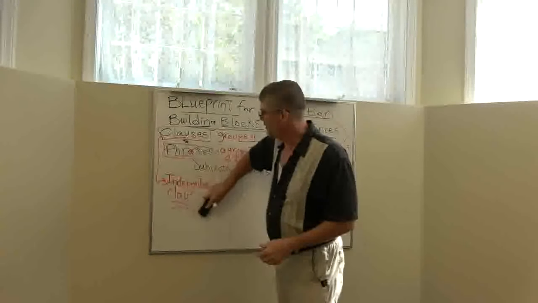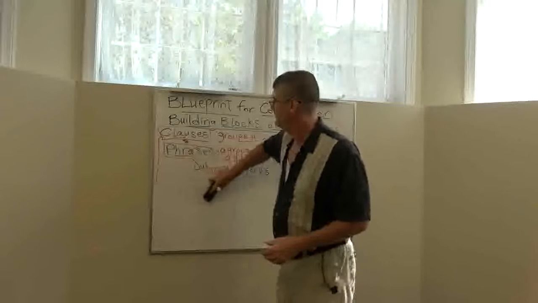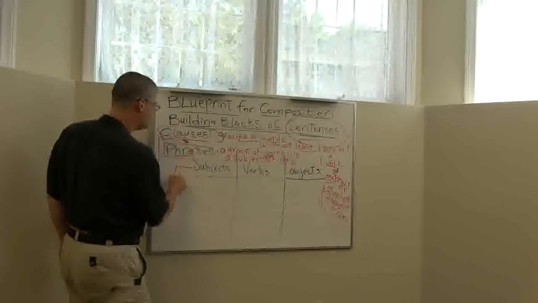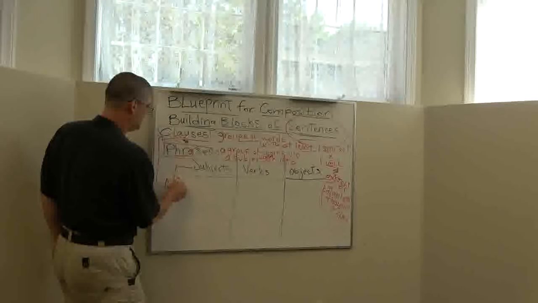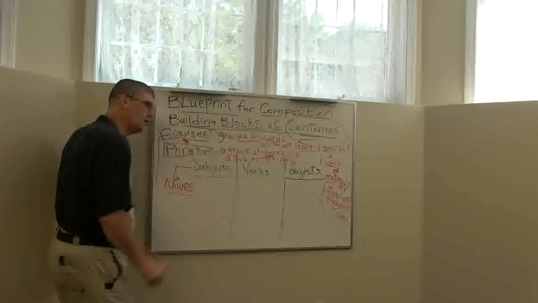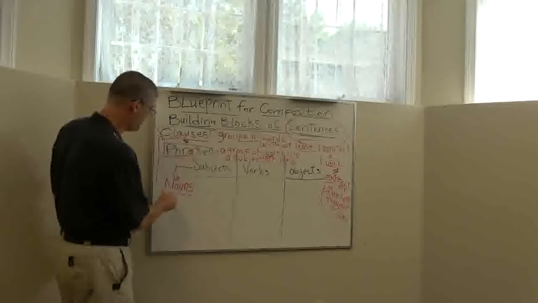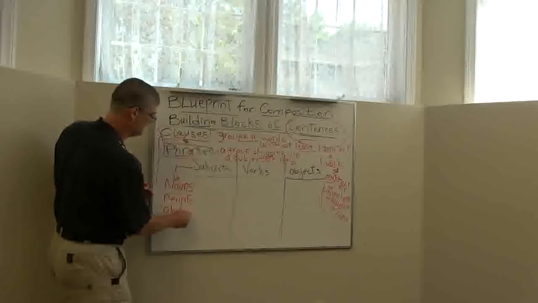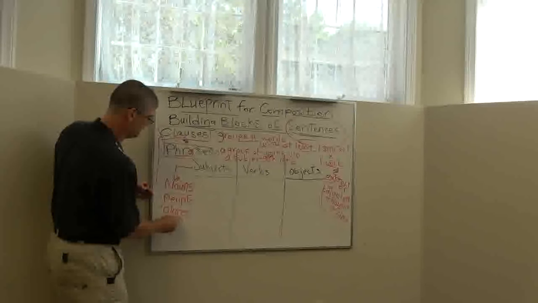So when we talk about nouns, what are we talking about? What kinds of words can be subjects? Nouns. What are nouns? Okay, fair question. Nouns we define as people, places, things, or ideas.